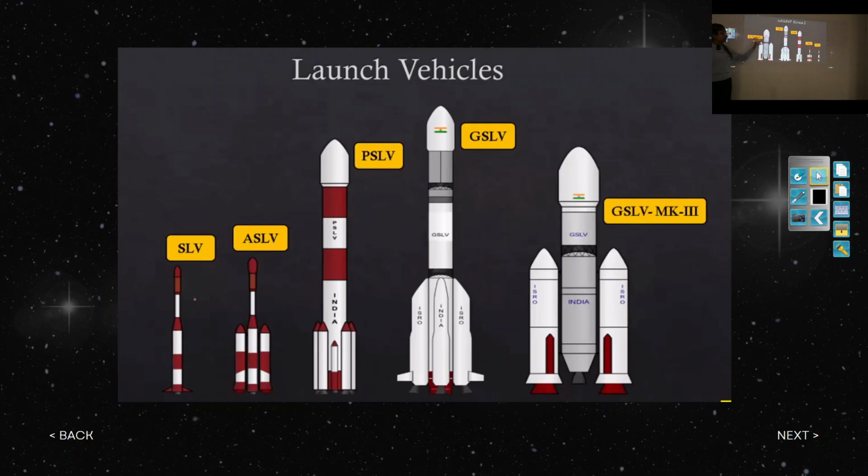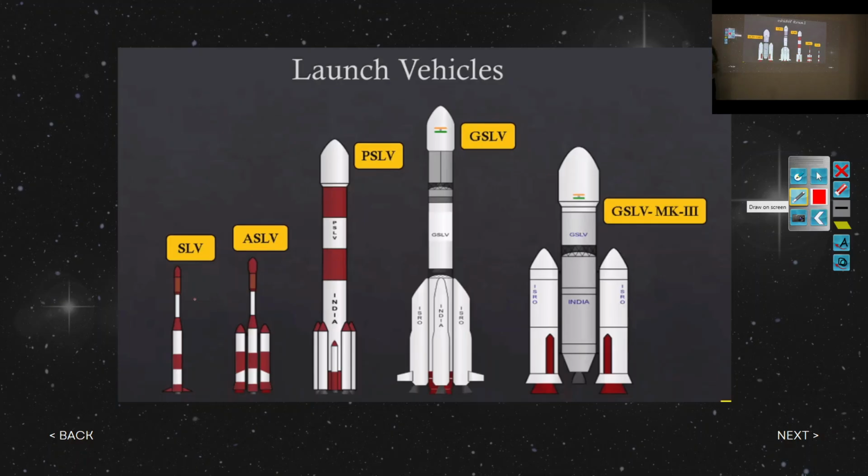So initially the first one was the SLV, Satellite Launch Vehicle. We saw yesterday in the timeline that India in 1979 launched its first SLV, Satellite Launch Vehicle. In the SLV, all the 4 stages, so it was divided into 4 stages and all of it had solid fuel.